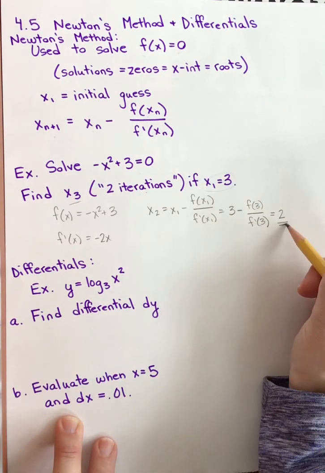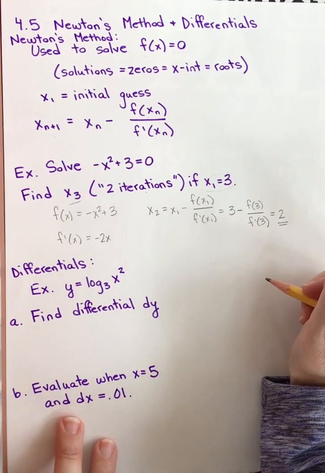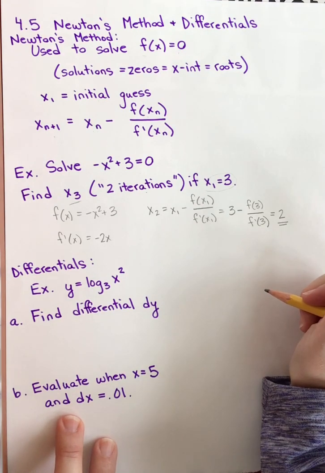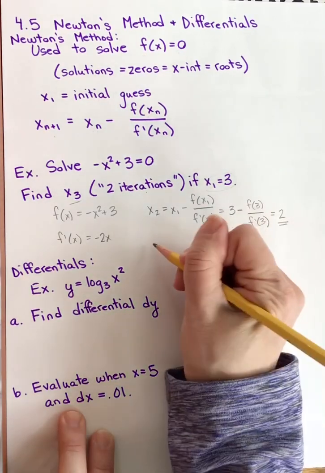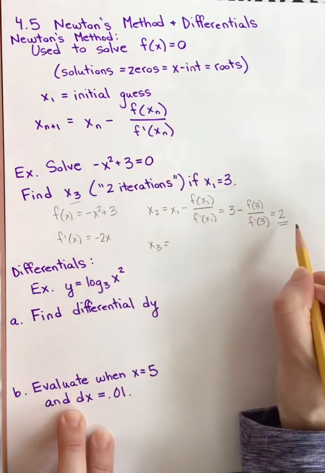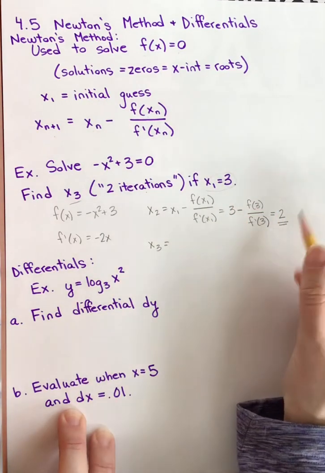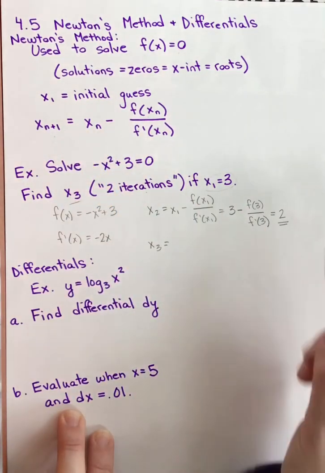Now, obviously, with a recursive definition, if the first round is wrong, what's going to happen to the next round? You guessed it, it's going to be wrong, but you guys are smart. You can handle this. So my x3 has to do with x2, because this little n is the one before what I started with.